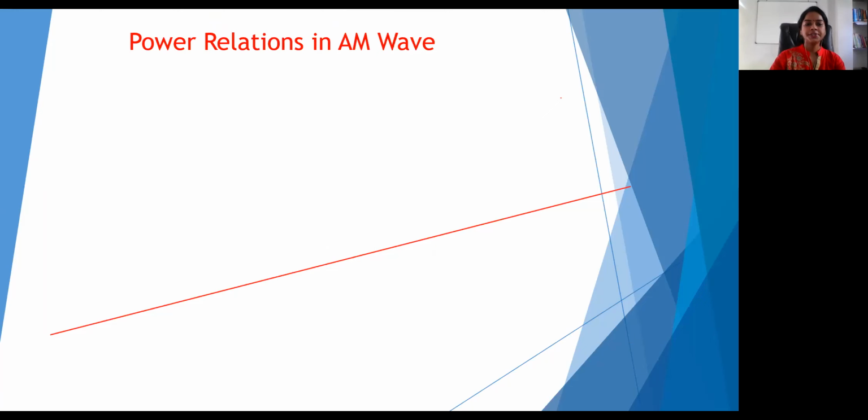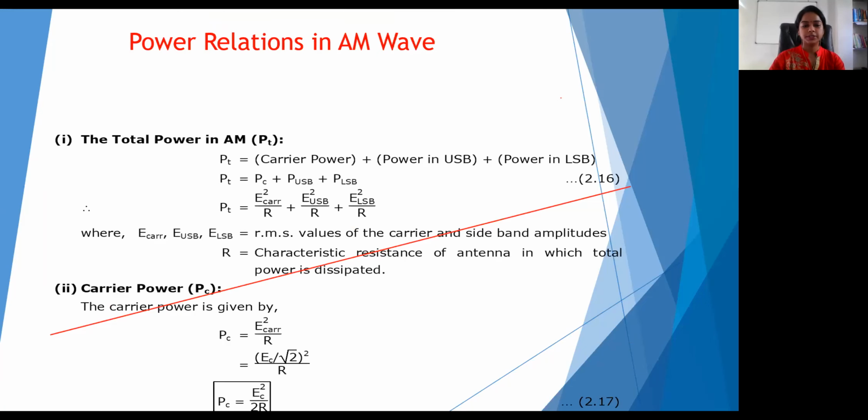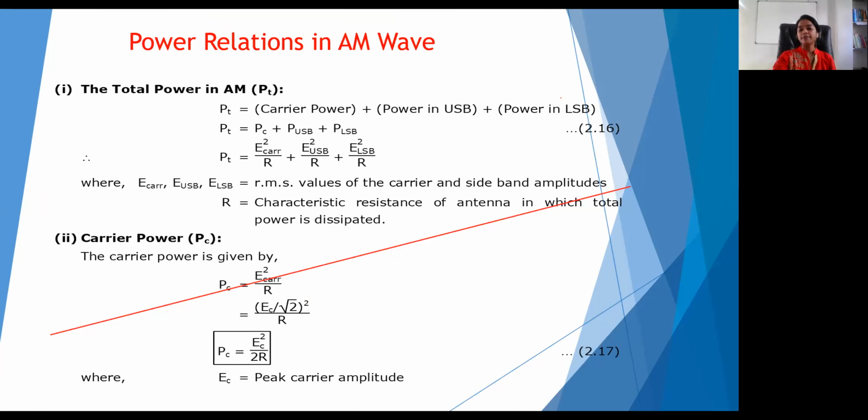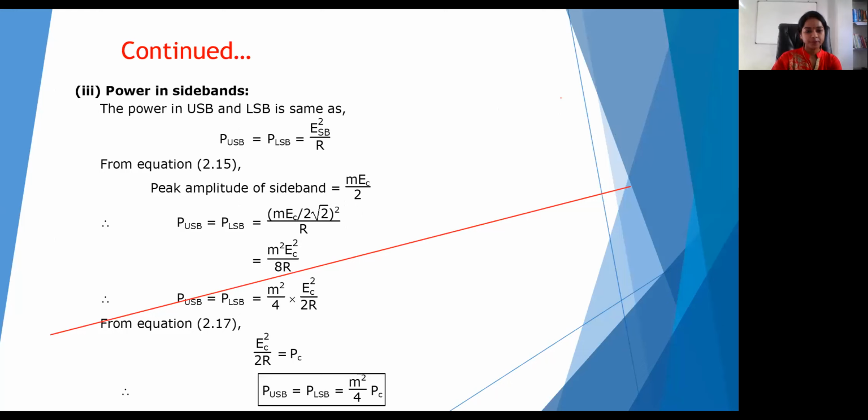Then next we have power calculations. From this we have calculated the power. This is carrier power plus power in upper sideband plus power in lower sideband. Put the formulas for all and you will have the total power as E square by twice of R. What is R? R is the resistance of the transmitting antenna.